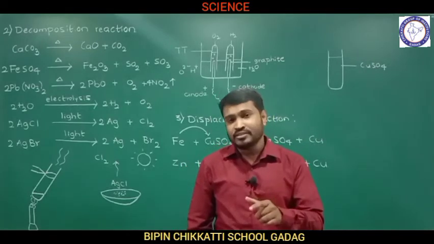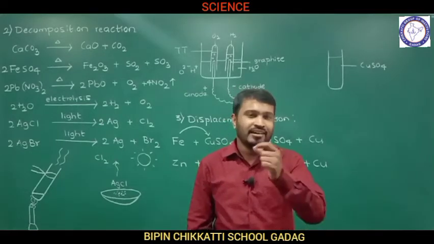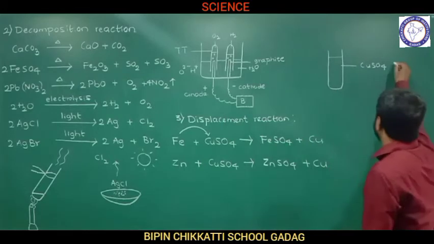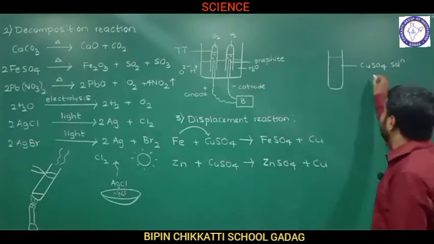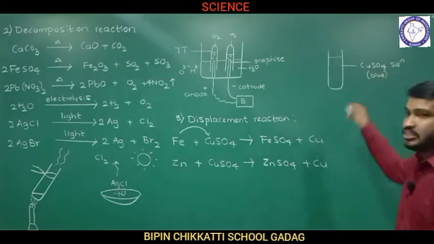And what I am going to consider is an aqueous solution of CuSO4. I will take a few crystals of CuSO4 and dissolve them in water, and we call that CuSO4 solution. Note that the color of copper sulfate is blue.